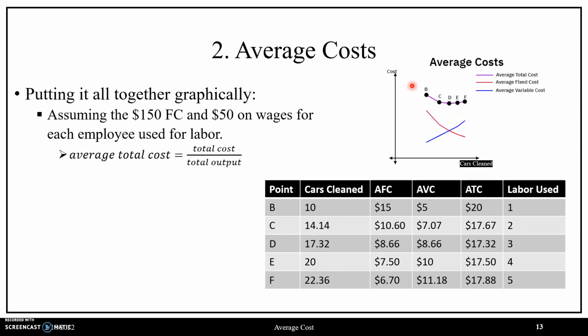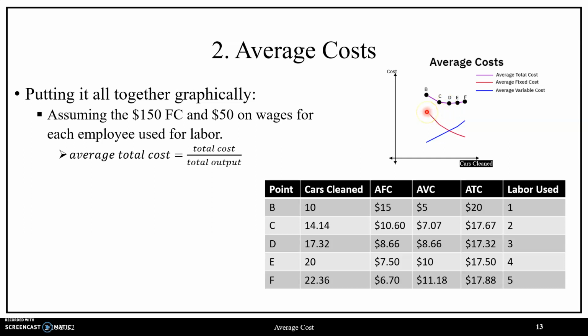Let us explain why that is by incorporating our average variable cost curve in blue that is upward sloping, in addition to our downward sloping average fixed cost curve in red, to also see this in accordance with our U-shaped purple average total cost curve. So, on inspection, we can see with respect to average total cost, at point B all the way up until point D, that average total cost is downward sloping.